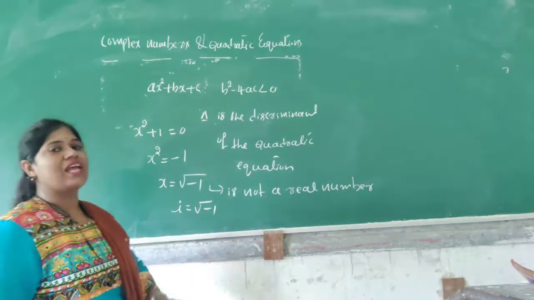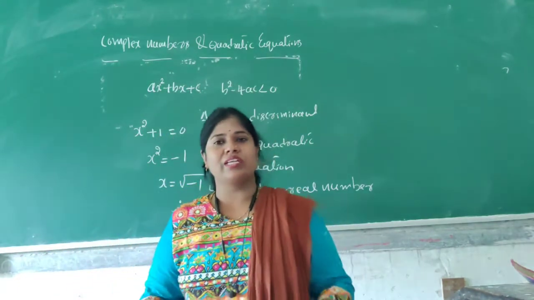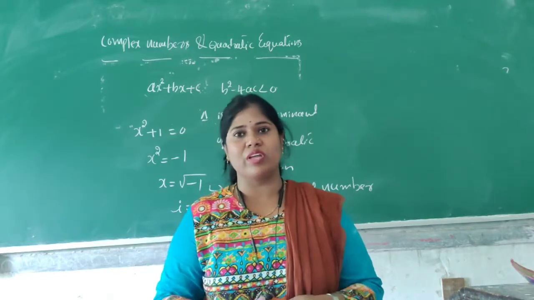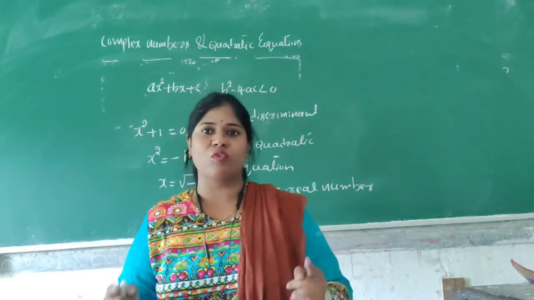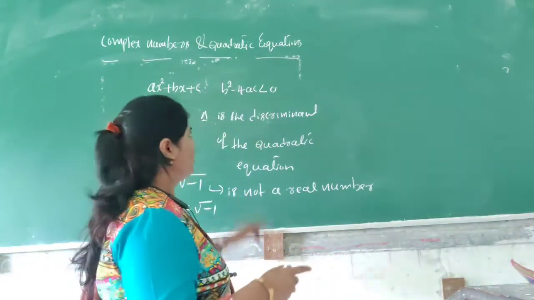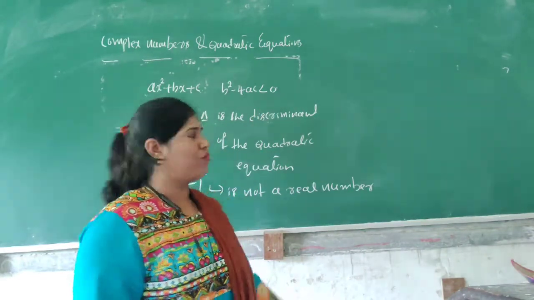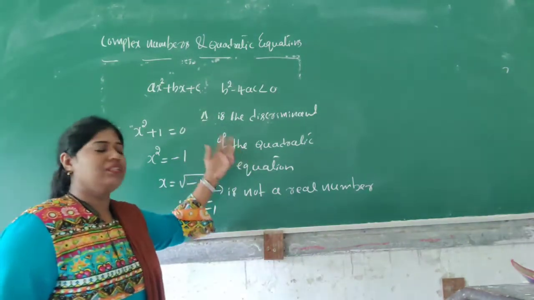This is called complex numbers, because in the real number system, for ax square plus bx plus c, where delta is b square minus 4ac, the discriminant of the quadratic equation, if the discriminant is less than 0, negative numbers will come. So the concept of i arises.